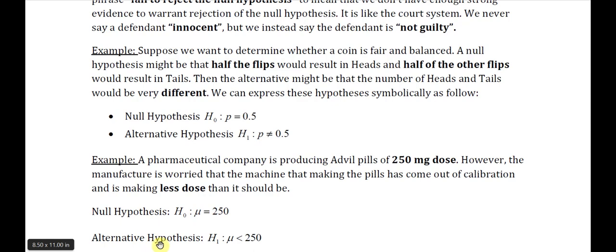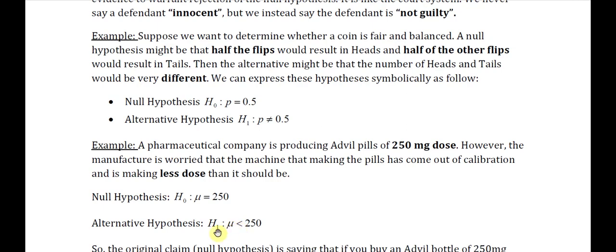And then the alternative hypothesis, that means it's making less than the dose that it should, or mu should be less than 250. And because this does not have the equal sign, it should be the alternative hypothesis.